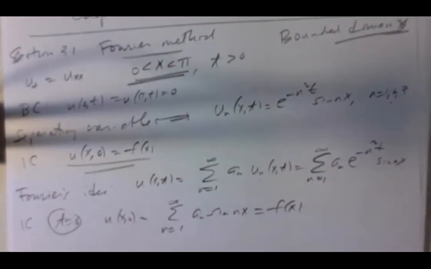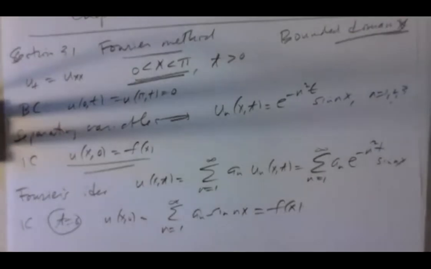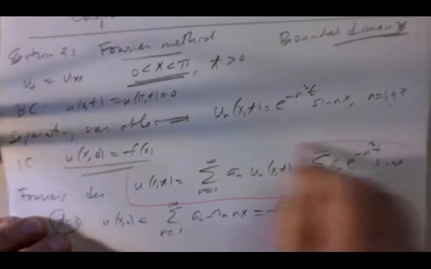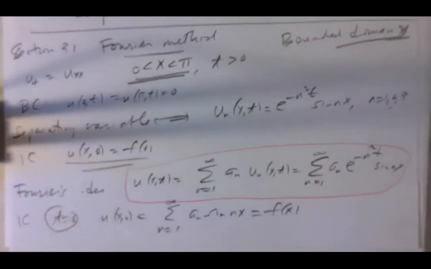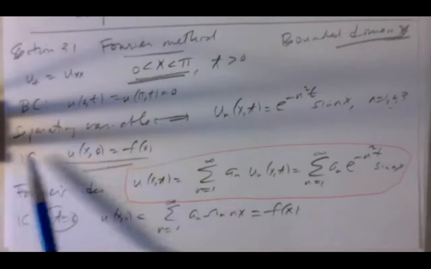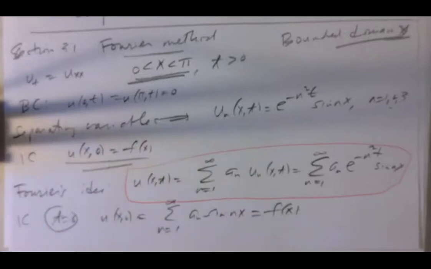So the crux of Fourier's idea was that you should be able to write your initial condition as some combination of these sine functions. And once you do that, you have, by this formula, the solution of your partial differential equation that satisfies both the boundary condition and the initial condition.